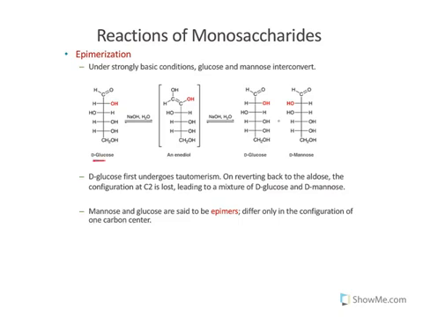Now, if we start from D-glucose, in the presence of a base, this sugar can undergo tautomerism. So it transforms from the carbonyl into an enol.